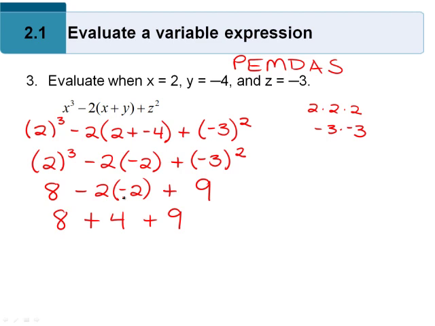It simplifies your sign process, okay? It's going to make your life a lot easier. So that's how we got that +4 there. And if you just realize a -2 times -2, it changes that sign to a +4. Now it's just simple addition straight across. 8 plus 4 is 12, plus 9 gives me 21.